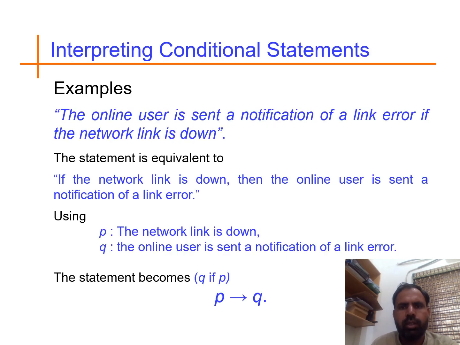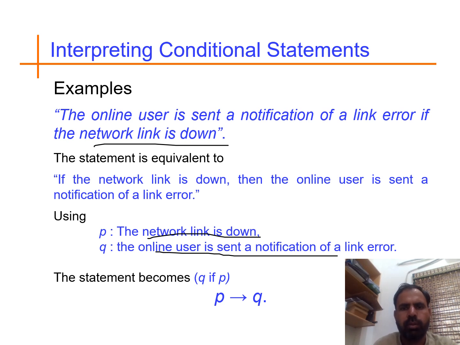Now interpreting conditional statements, which we have discussed in the previous lecture also. The online user is sent a notification of a link error if the network link is down. The statement is equivalent to, if the network link is down, the online user is sent a notification of a link error.